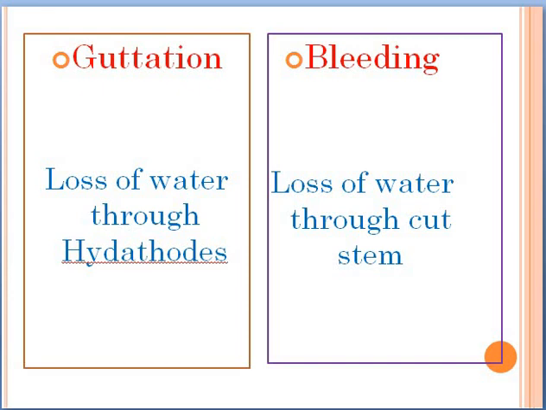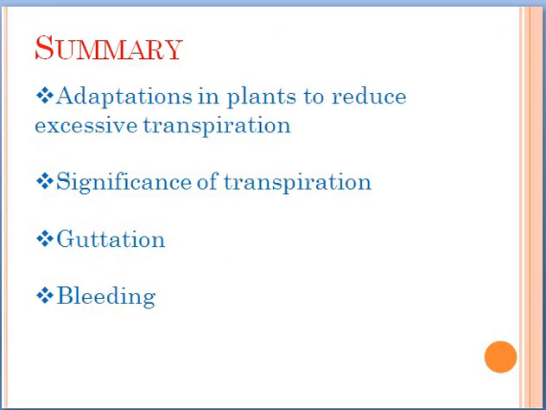That's it about this lesson. Today the topics that we have discussed are the adaptations in plants to reduce excessive transpiration. We discussed sunken stomata, fewer stomata, narrow leaves, reduced exposed surfaces like wavy folded leaves, loss of leaves, and then we learned about the presence of a thick cuticle to reduce transpiration.